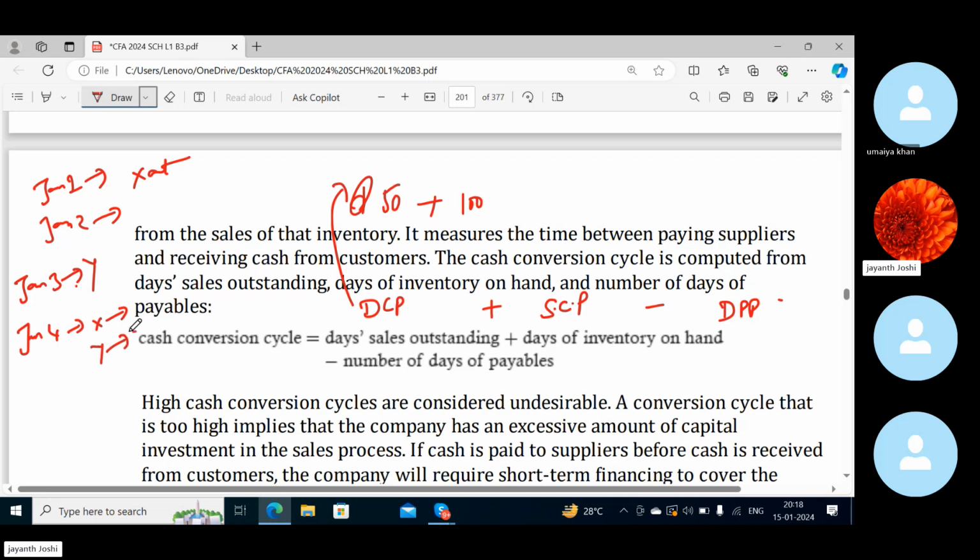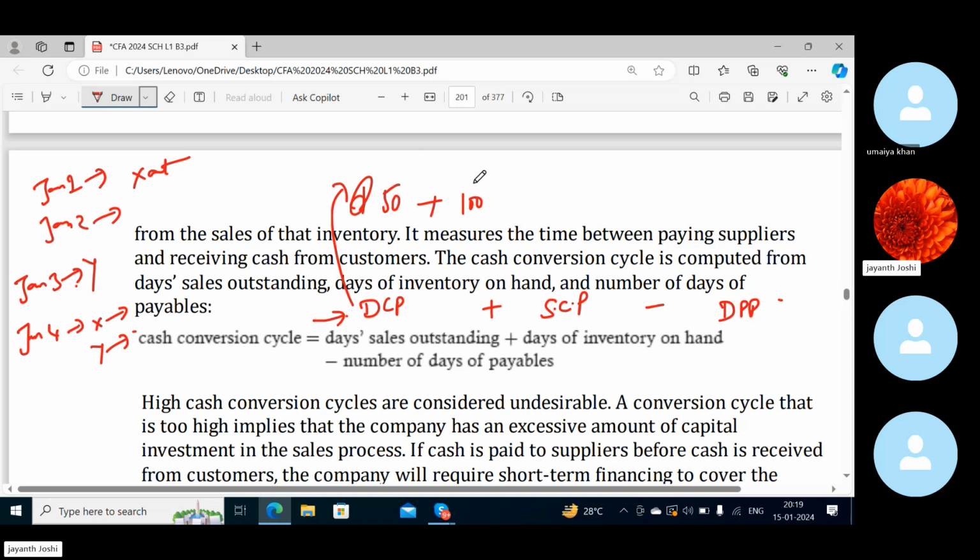So there can be cash sales and credit sales. If it is cash sales, immediately you get money in your hands. If it is credit sales, it goes under the debt collection period category because receivables are created. In that way, it will take 50 days for you to collect your money from your customers.